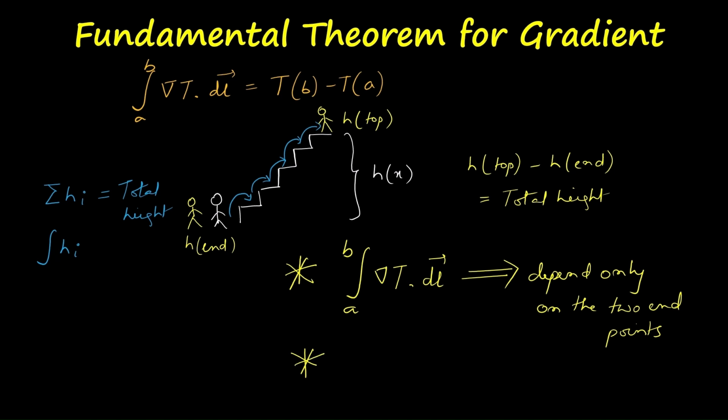Second point is, suppose it is a closed path, then this integration will be equal to 0, because since it is a closed path, the initial point and the final point are the same. So T_B will be equal to T_A. So the difference will be equal to 0.